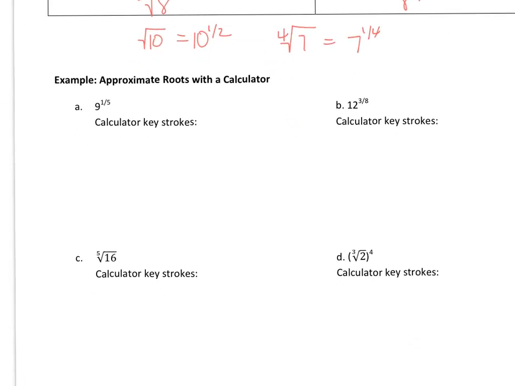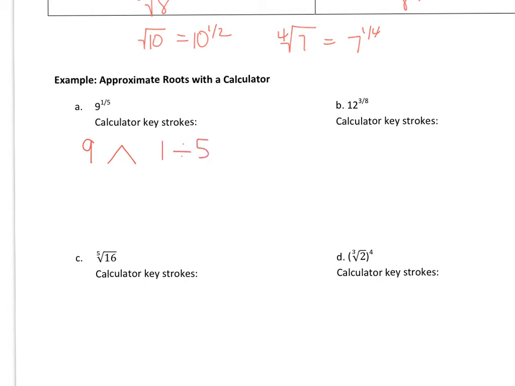Okay, so one of your 2.0 objectives is to be able to approximate roots using a calculator. And so I'm going to give you the keystrokes for both of our different calculators that we have in the room. If you have one that's not like this, you can talk to me and I can figure out how to help you with that. So on this first one, you're just going to do 9 caret. On your yellow calculators, you can just type in 1 divided by 5.